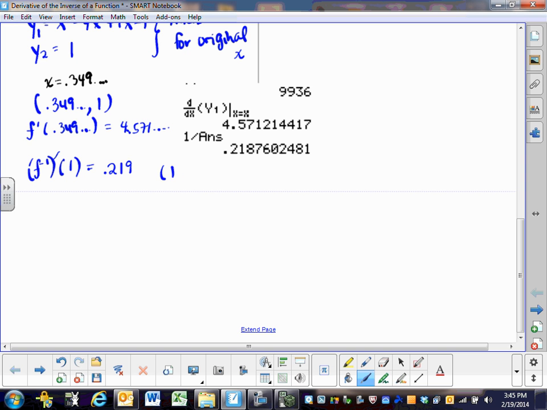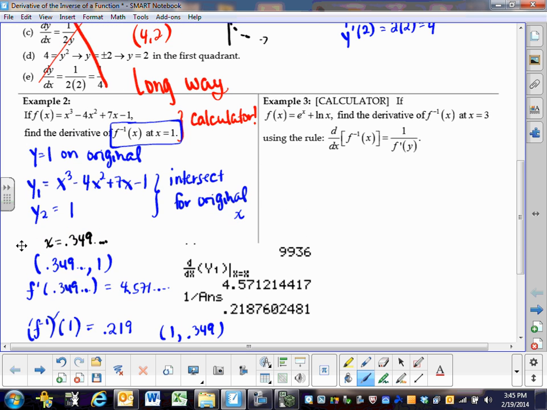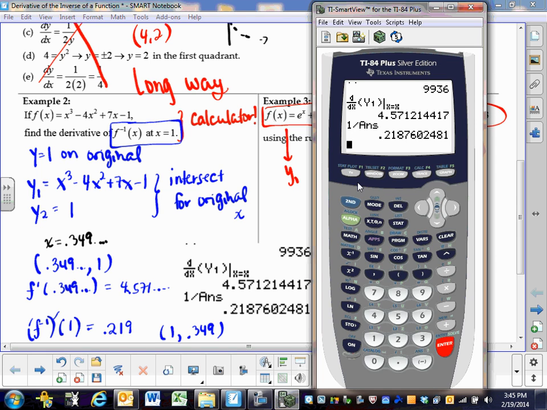I want the full value, so I get a final answer here that'll be precise to 3 decimals. So then that means that the inverse function derivative at 1 is 0.219. So the inverse point is 1 comma 0.349, because it has the opposite point as the original function, and it has the reciprocal of the slope.